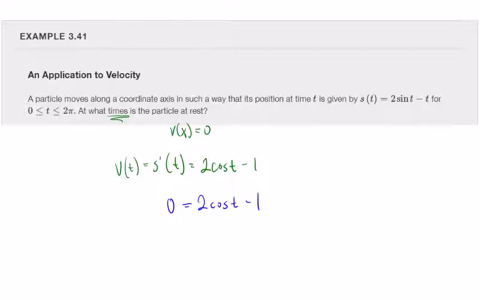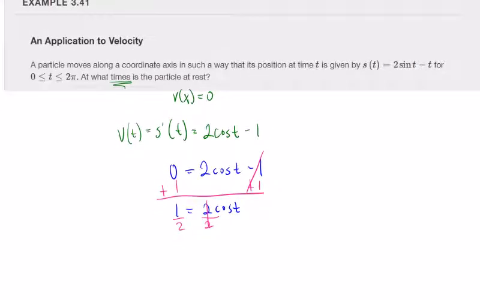What we do here is add 1 to both sides to isolate the trig function, then divide by 2. So we get cosine of t equals 1/2.